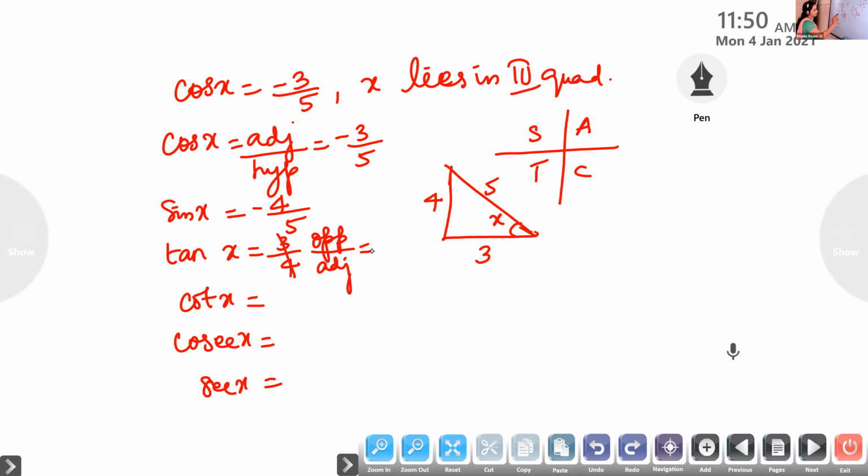So it is 4 by 3. Srihari, what is cot x? It is 3 by 4. Okay. What about cosec x?